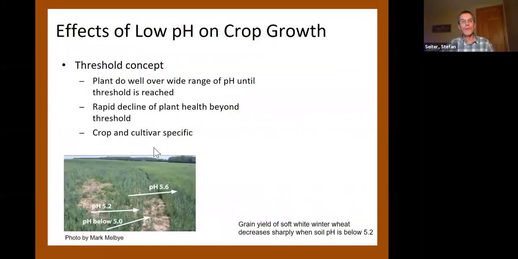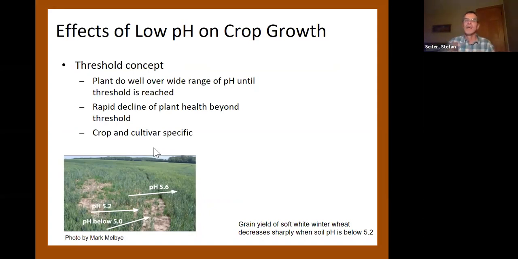One thing you should know about pH is that there is this concept of a threshold, and basically what it means is that, and I'll show you some of these tables, it says okay, peas have to have this pH level, and garlic has to have this pH level.